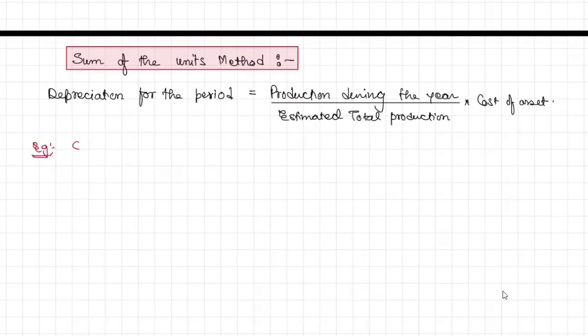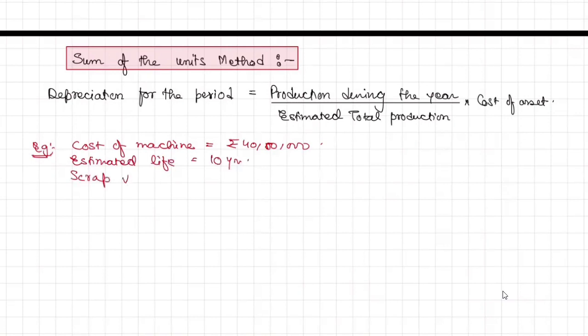Suppose the cost of machine, say for example, is 40 lakh. Estimated life, say for example, 10 years. Scrap value is rupees 2 lakh.